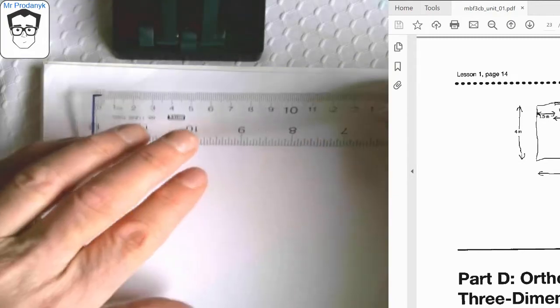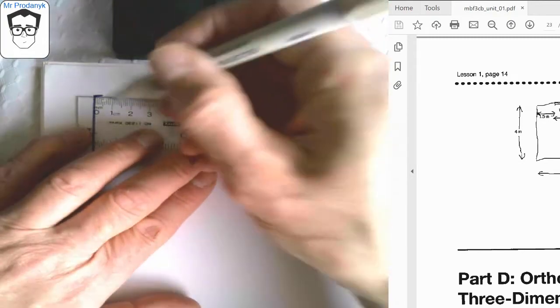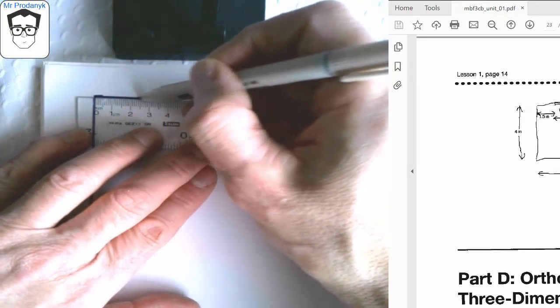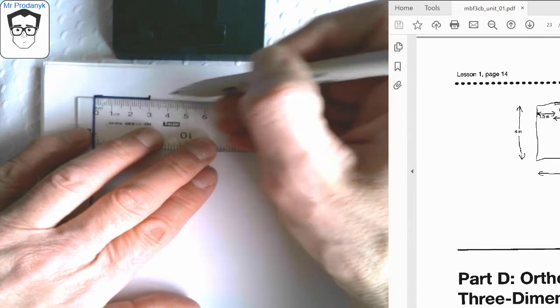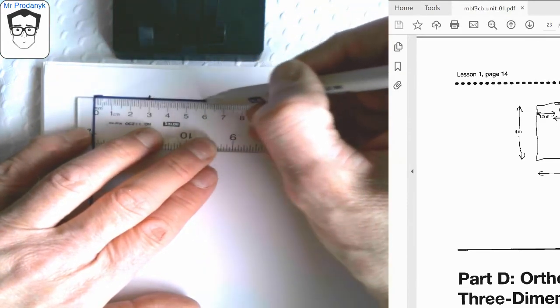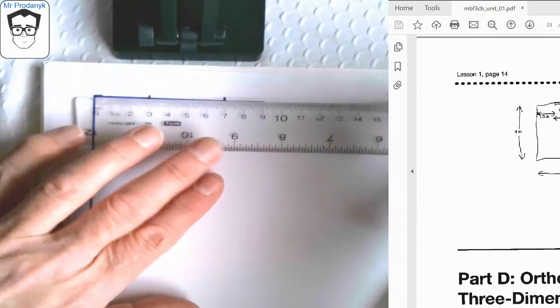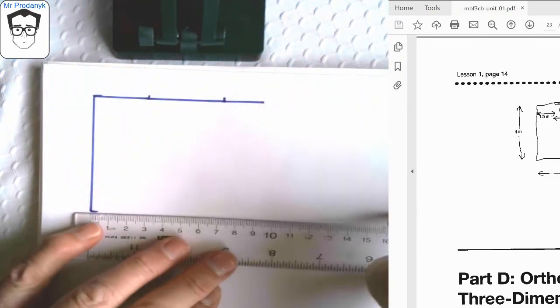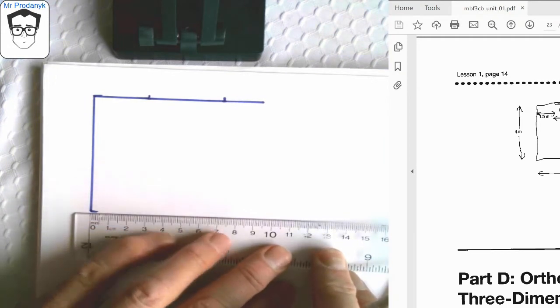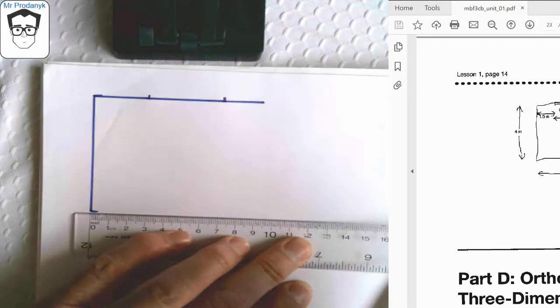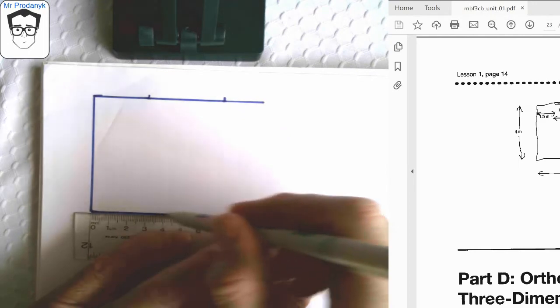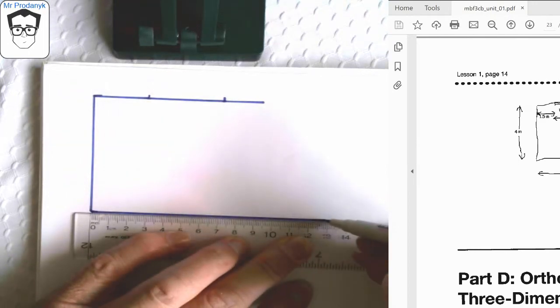And I need to go 3 centimeters in across the top here. Then I'm going to have a 4 centimeter window, which 3 plus 4 takes me to 7, and that's going to continue on. And then across here, I need to have a 13 centimeter wall along here. So I draw this along here to 13 at this point.